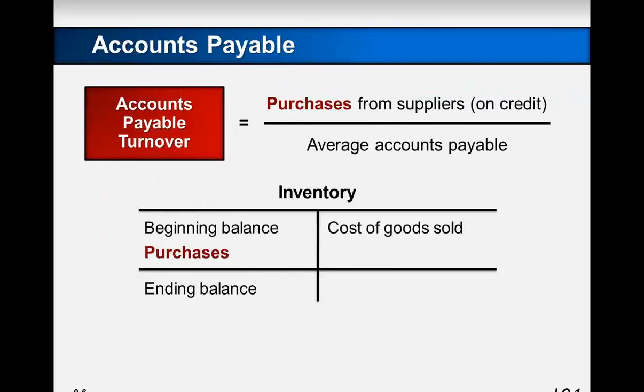Beginning balance plus purchases minus cost of goods sold equals ending balance. We looked at this a lot in Chapter 6, the inventory chapter, how cost of goods sold would affect it.